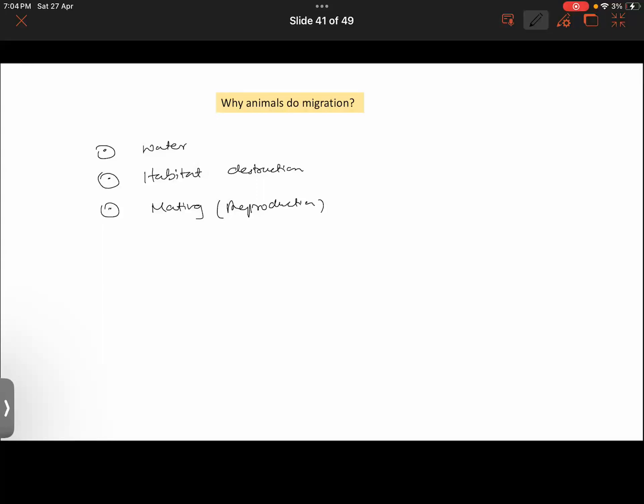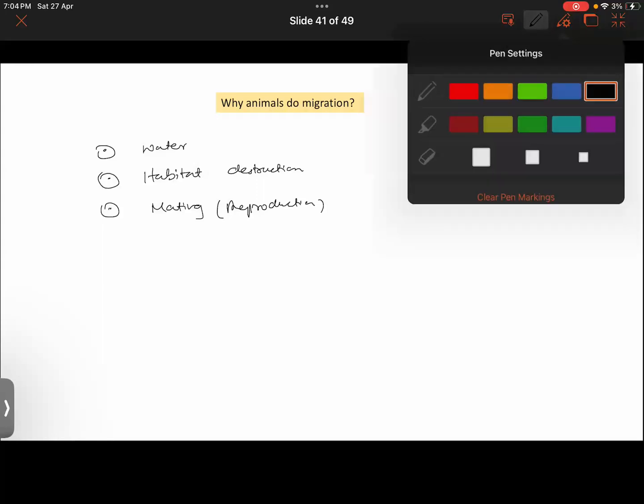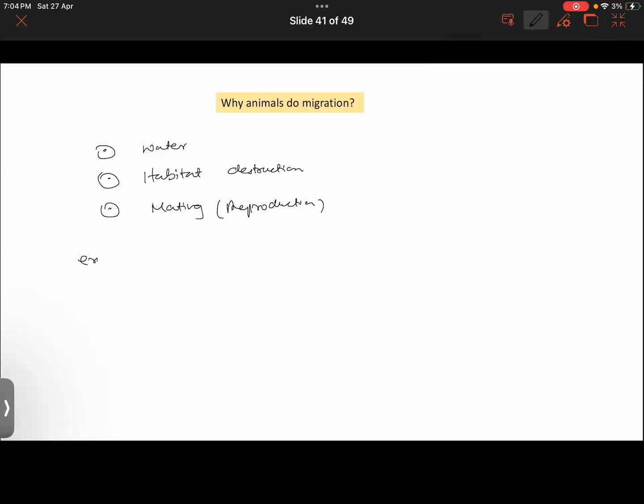What are some common examples of animals that do migration? Yes, birds. Birds, very good. There are different kinds of birds, like the flamingo, that do migration. Zebra.